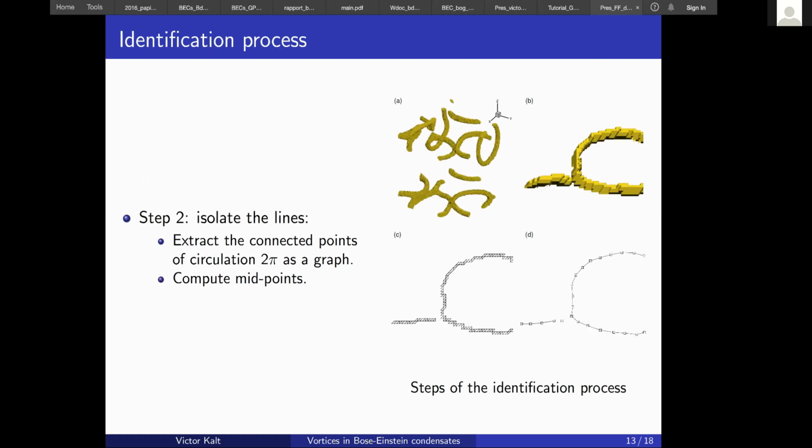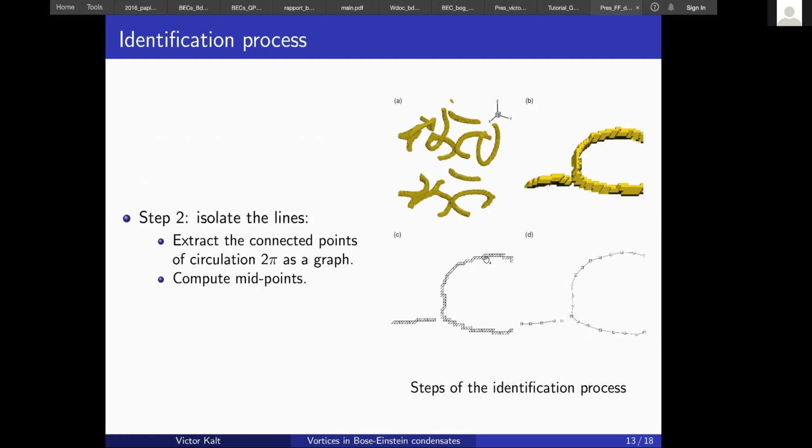So the second step of the identification process is to isolate the lines. This is done here. We have the initial data here, we have the separated region here, and the triangles with non-zero circulation here. And now we want to reduce the number of points.